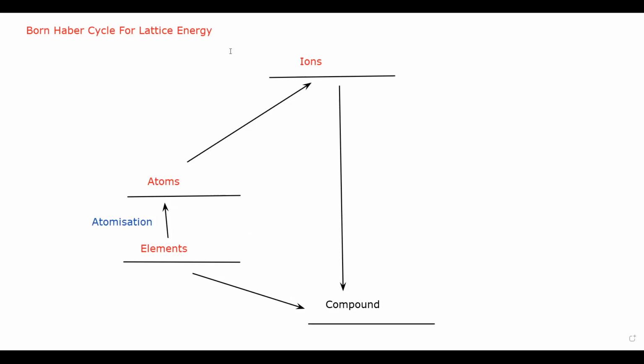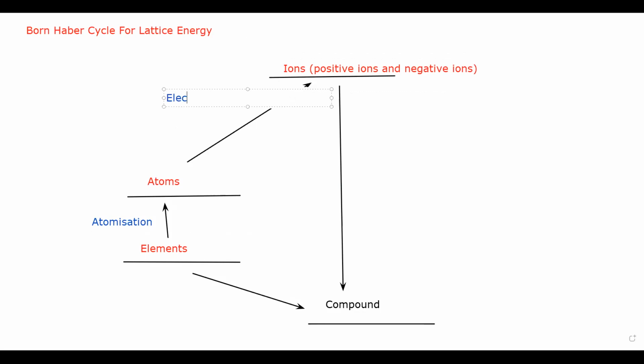When atoms form the ions, they can form two types of ions. They can form a positive ion and a negative ion. If they are forming a positive ion, the formation of a positive ion means the removal of electron. So when we remove electron, what do we call that?